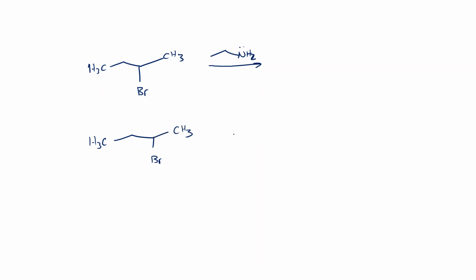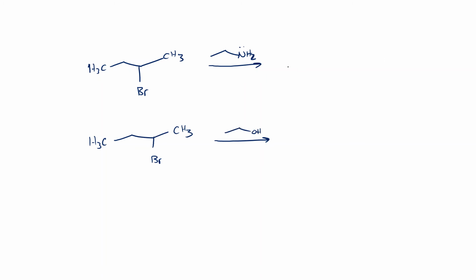So just a real quick example, if we have a secondary carbon that has a leaving group attached to it, the difference in these: we did an example before where we used ethylamine, and this was our example of an SN2 reaction, versus if we did this with ethanol.